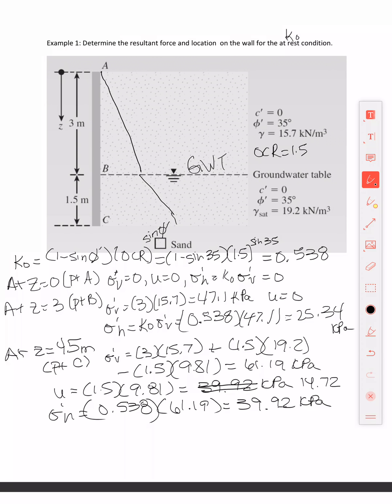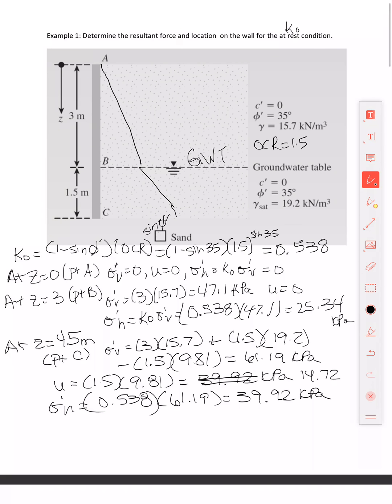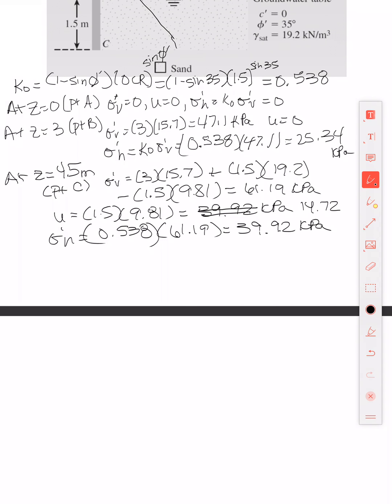So now that we have each of the horizontal stress and pore pressure along our wall, we can plot them. So this is the horizontal stress with depth. This is the pore pressure with depth. So we just said that it'll be a straight line to here, and at 3 meters, this becomes 25.34, and then it increases to, at the base of the wall, point C, 39.92.